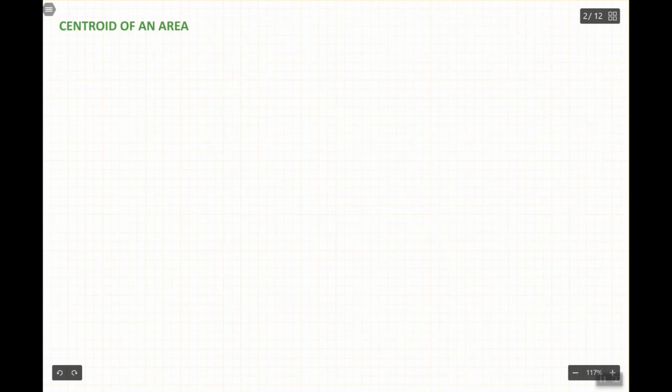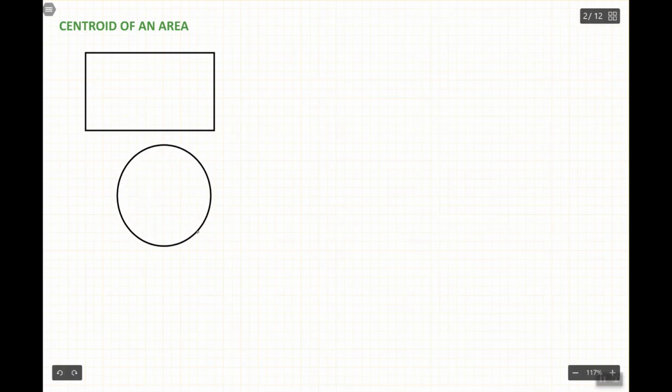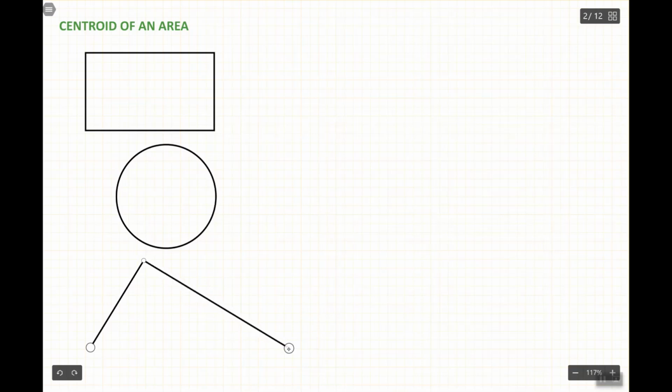There are some areas for which we know their center. For example, for a rectangle, we know the center. For a circle, and also for, let's say, a triangle. Let's say I have a triangle like this one.